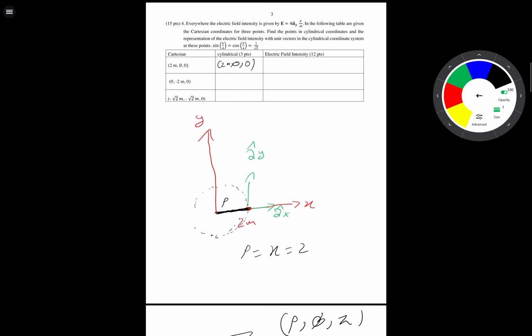Now coming to our cylindrical unit vectors, if this is rho over here, to increase rho you will have to go further out, right? So that's our increasing rho component.